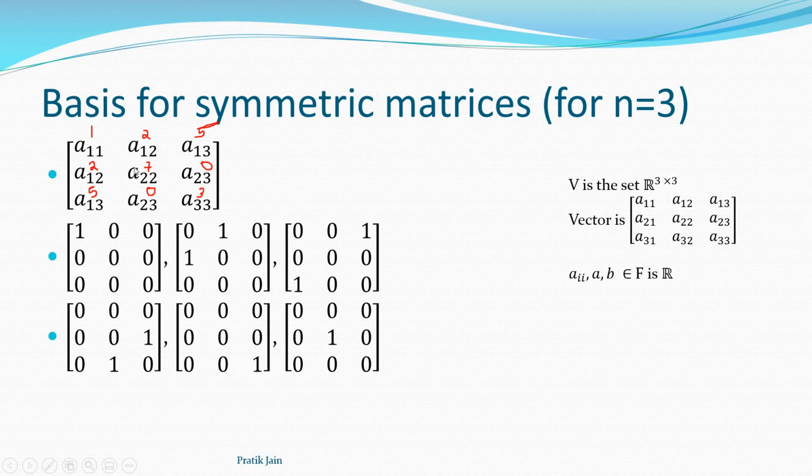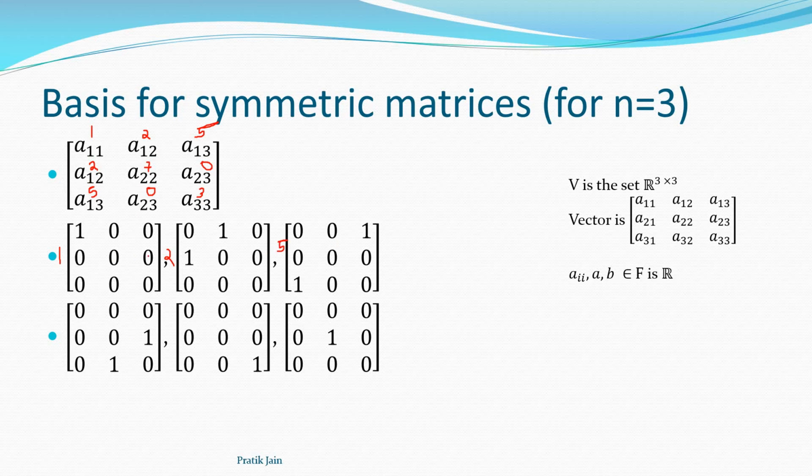Now if you want to make this matrix, this one over here, what you'll have to do is just multiply these with appropriate scalars. So you want A11 as 1, so you don't multiply, so just 1 over here. If you want A12 as 2, you just multiply by 2 over here and add both of these, right? You want A13 as 5, just multiply this by 5 and add.